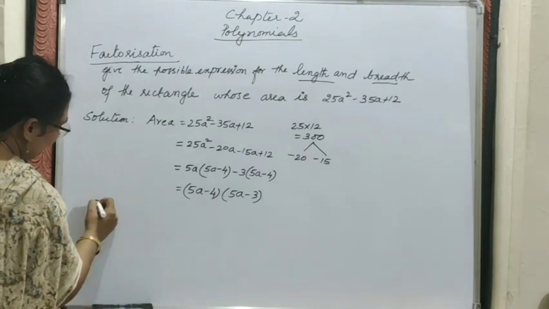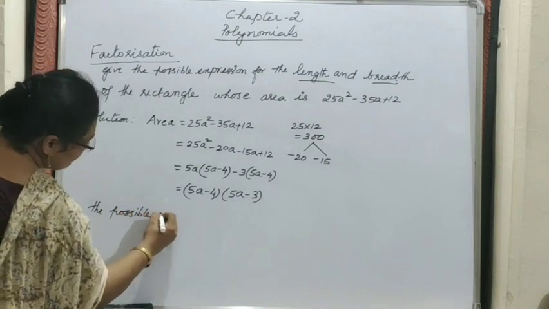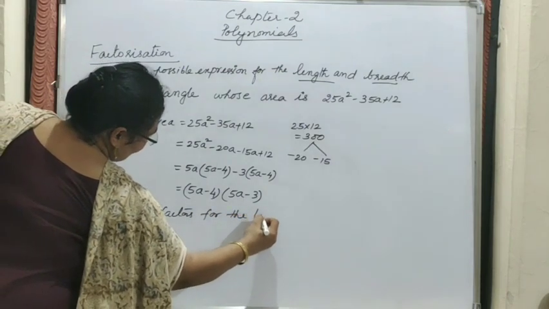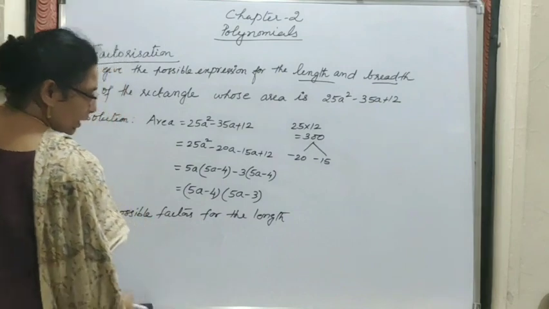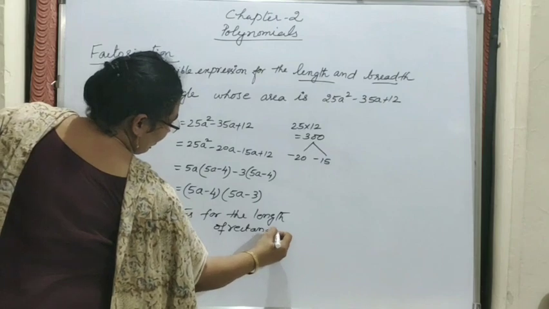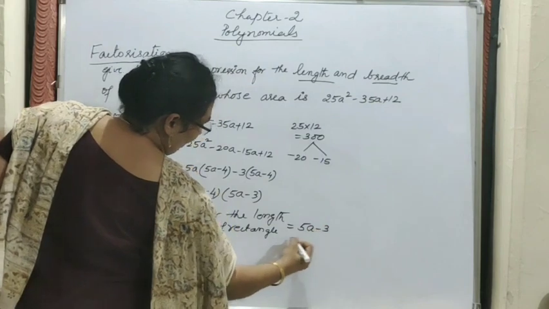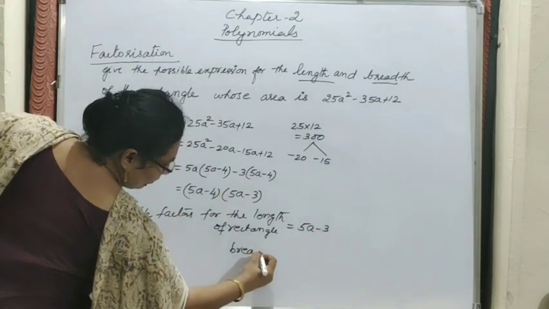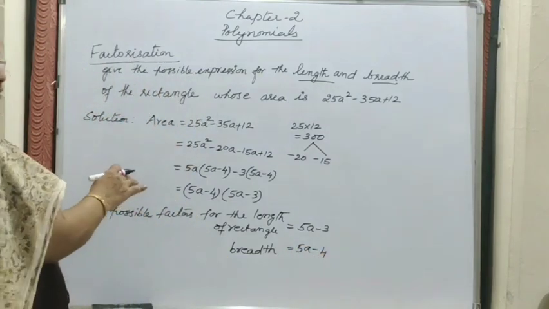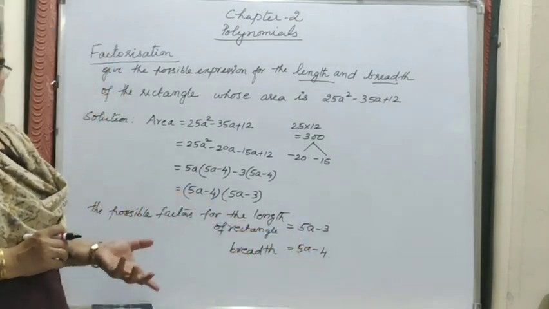So the possible length of the rectangle is equal to 5a minus 3 and breadth is equal to 5a minus 4. It is not necessary that we should keep it like this only, but from 5a only we are subtracting 3 and 4. Understood?